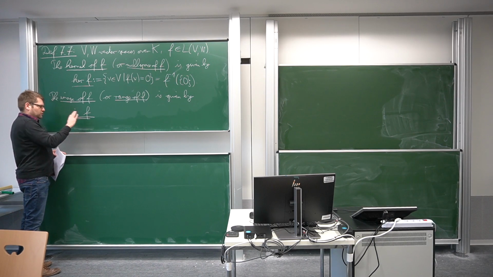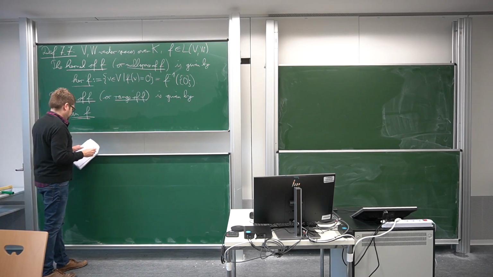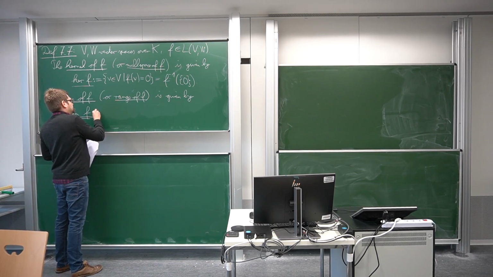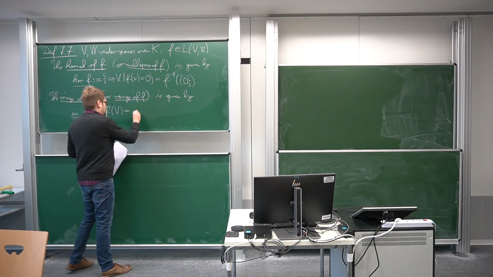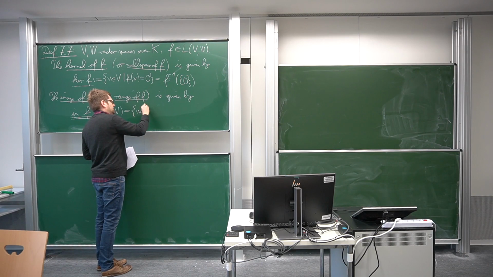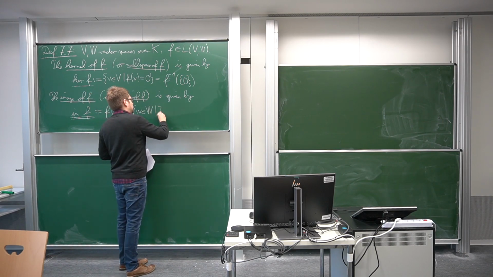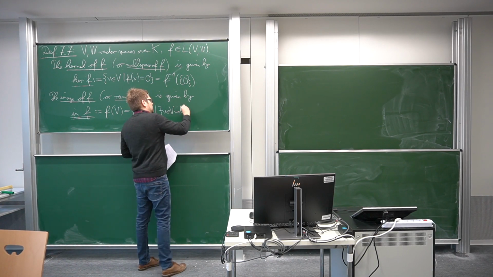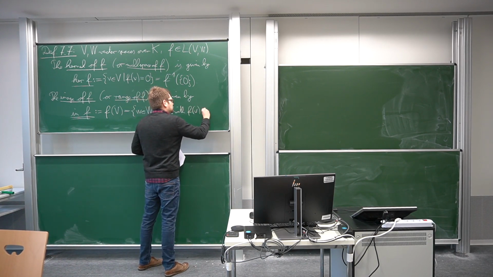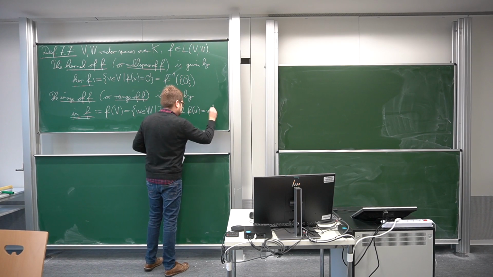The small im will always be the image of a map. So im F is by definition F of V, so very formally the space of all w in W such that there exists a v in V with F of v equal to w.